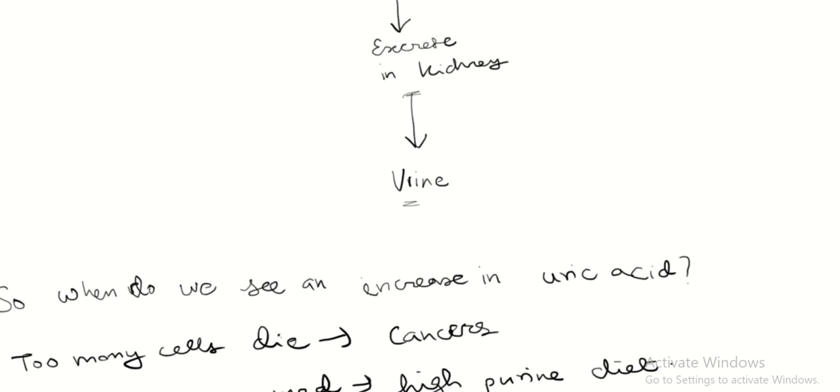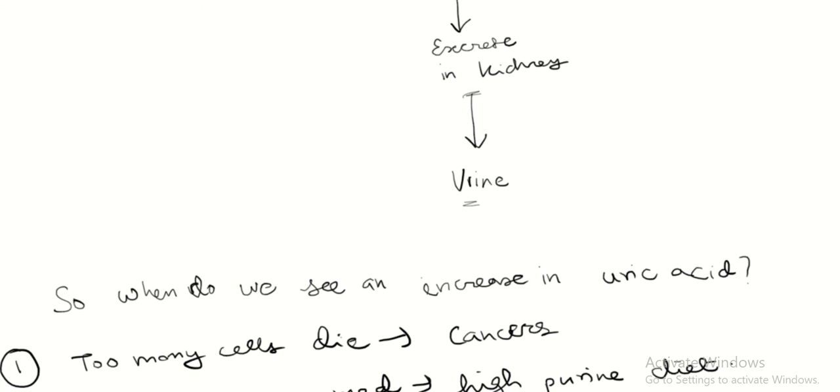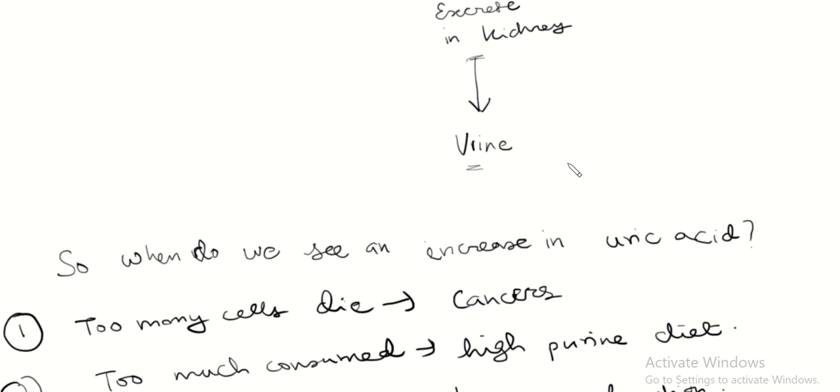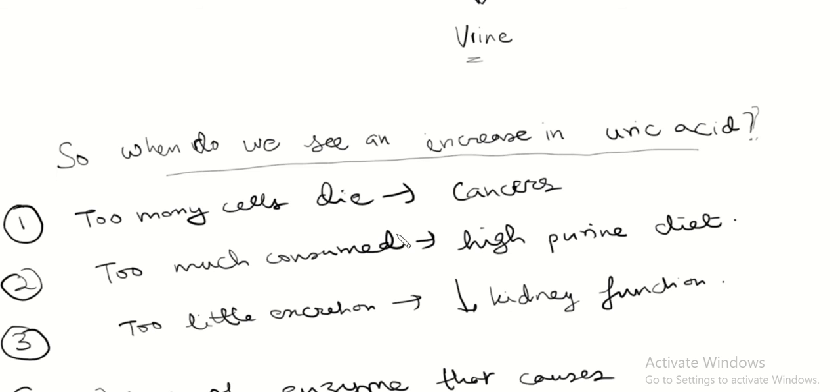Okay, so let's do some thinking now, which is usually fun. What are some of the times when uric acid in our body can increase? Remember, 80% of the contributor is cell death.